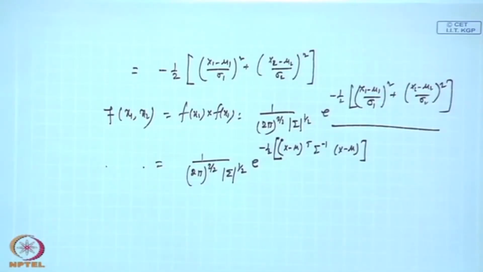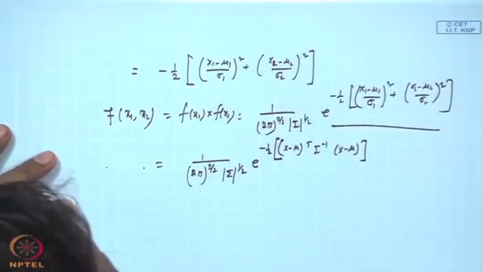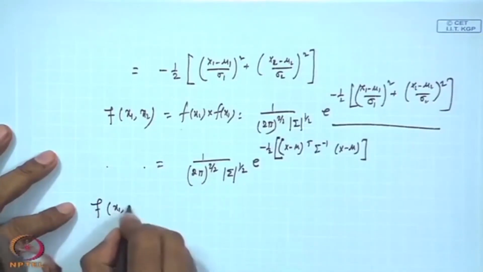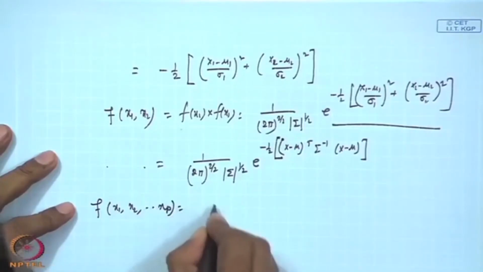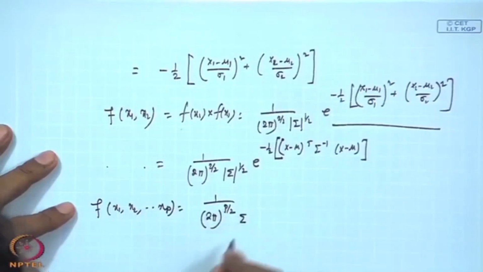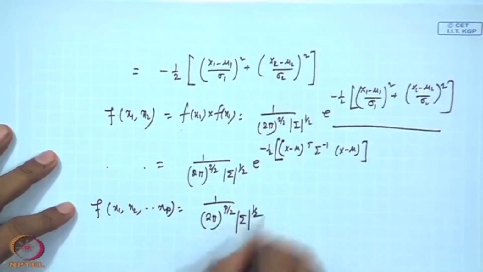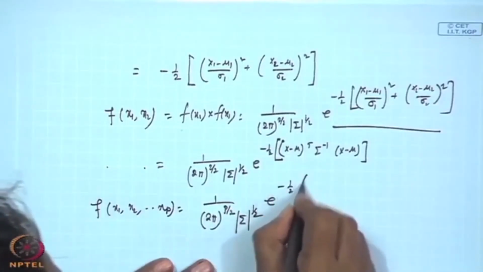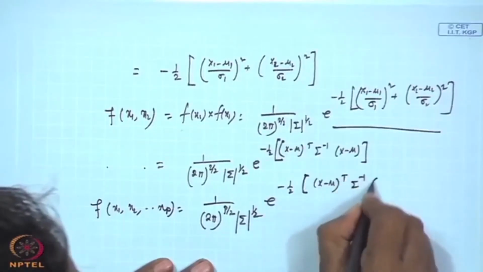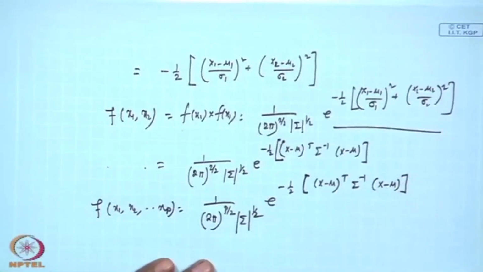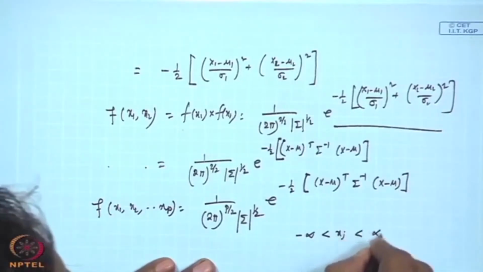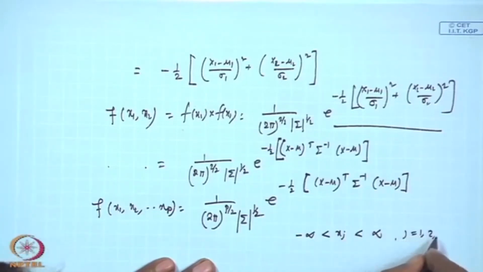And it is true for the multivariate case also. Then what will happen ultimately? For the multivariate case x 1, x 2, up to x p, it will be 1 by (2 pi) to the power p by 2, the determinant to the power half, then e to the power minus half of (x minus mu) transpose, sigma inverse, (x minus mu), and you have to write minus infinity less than x j less than infinity, j equal to 1 to p.